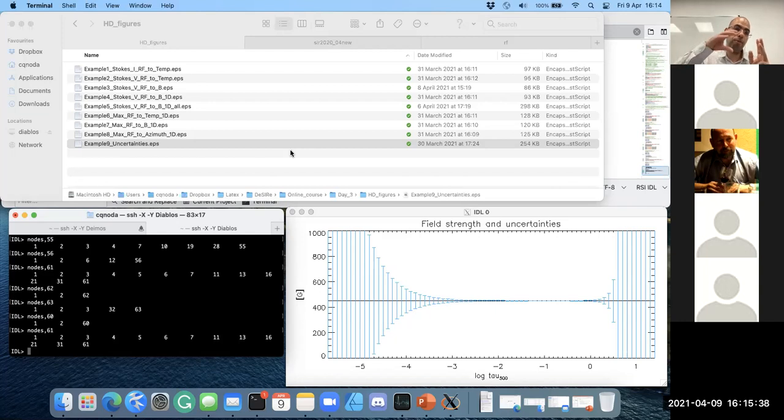But usually, as you are increasing the freedom for fitting the atmosphere, so improving the capabilities of the code for obtaining a good fit, the last atmosphere is the one that we pay more attention to. But in principle, everything is in the folder. I will show you next week, but basically you have all the uncertainties for all the iterations.